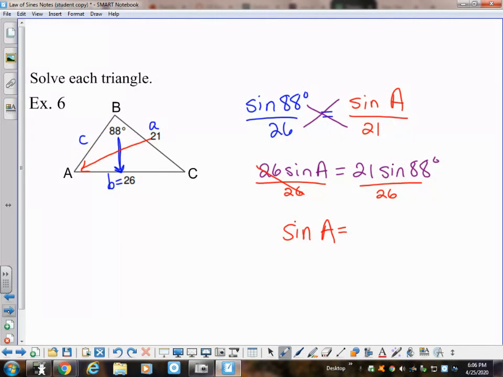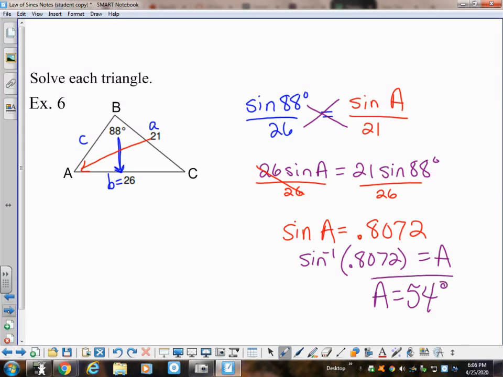All right, so sine of angle A, when we plug 21 times sine of 88 divided by 26, we get 0.8072. Now I have to take the sine inverse of that 0.8072 to get my angle A, and A is 54 degrees. Okay, so here's my 54.